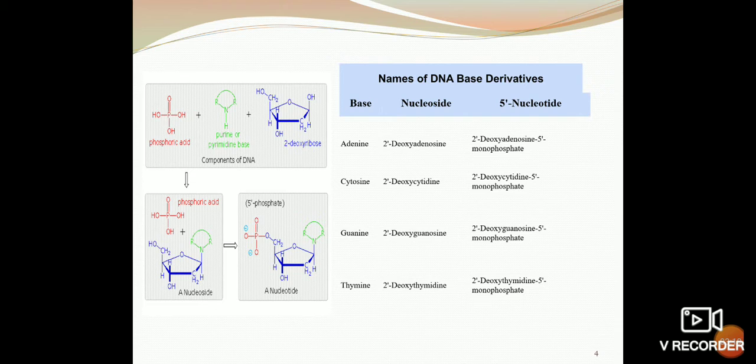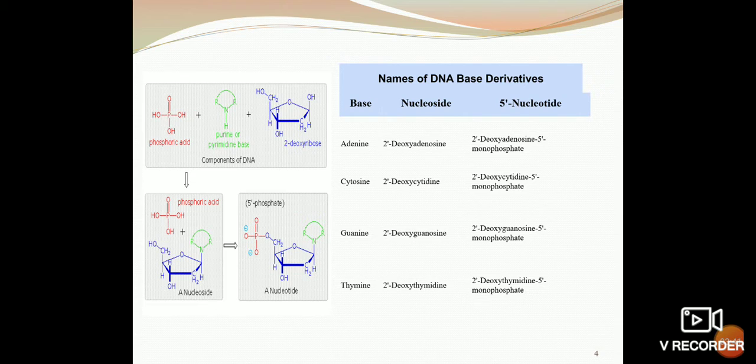These nucleotides, on joining each other, form big strands which are called a DNA molecule. So, names of DNA base derivatives. Suppose we have the base adenine, and the nucleoside that will be formed is 2'-deoxyadenosine.